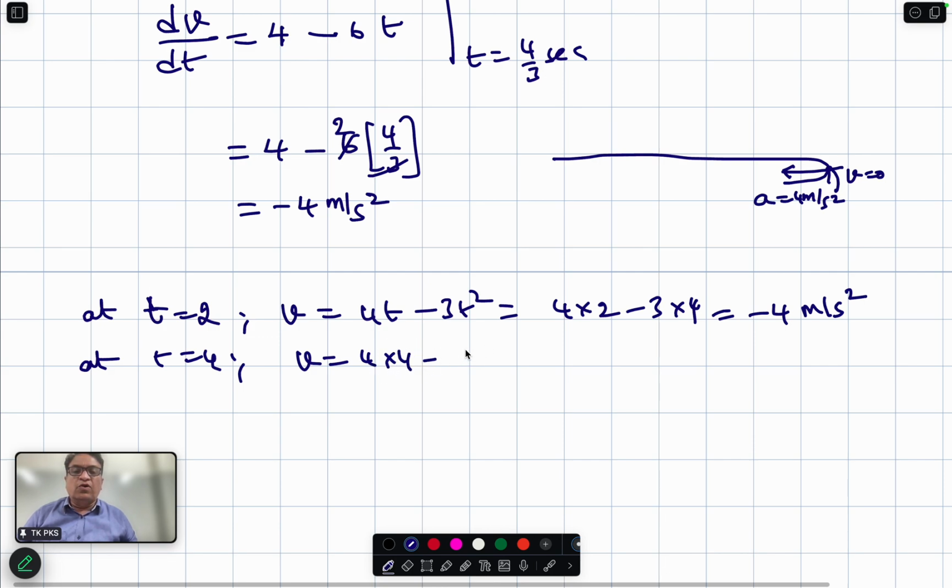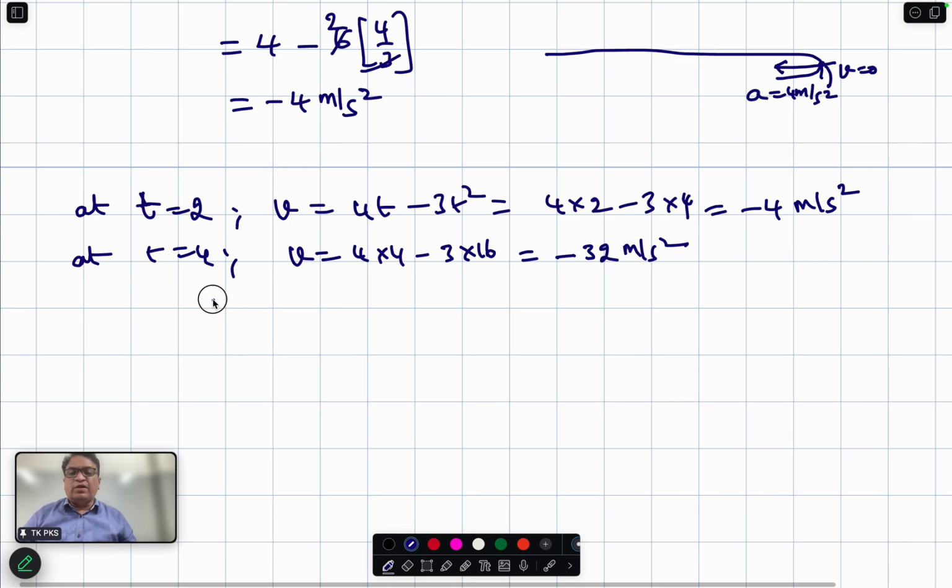At t is equal to 4, 4 into 4 minus 3 into 16, 16 minus 48, minus 32 meter per second, but both are negative in the same direction. Very simple.